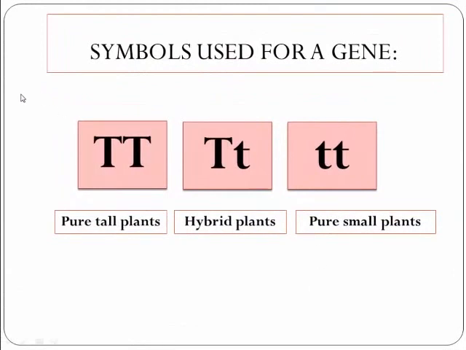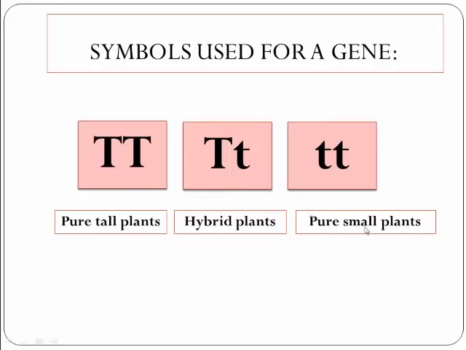Let me make this more clear. See, stem height is one of the characters of garden pea. For pure tall plants, the symbol used was capital T, capital T. For hybrid plants, the symbol used was capital T and small t.